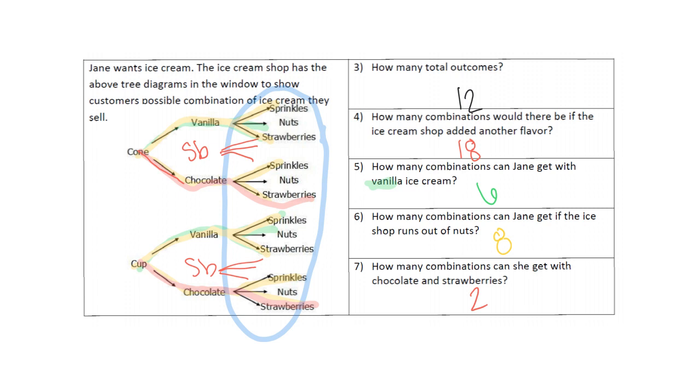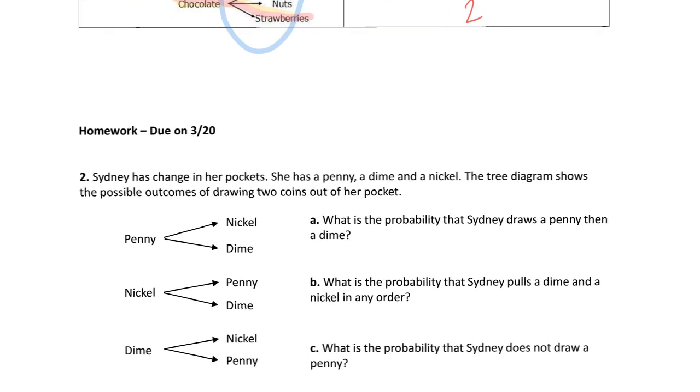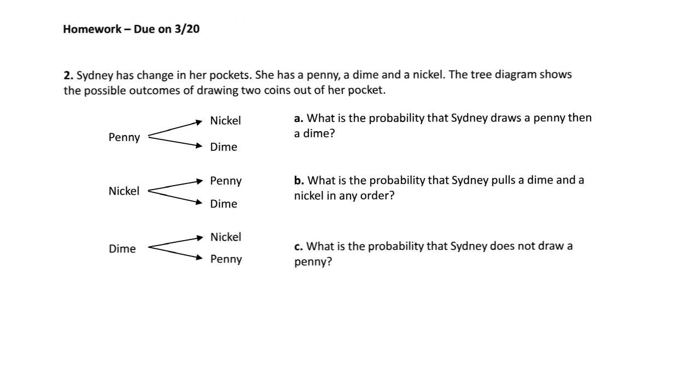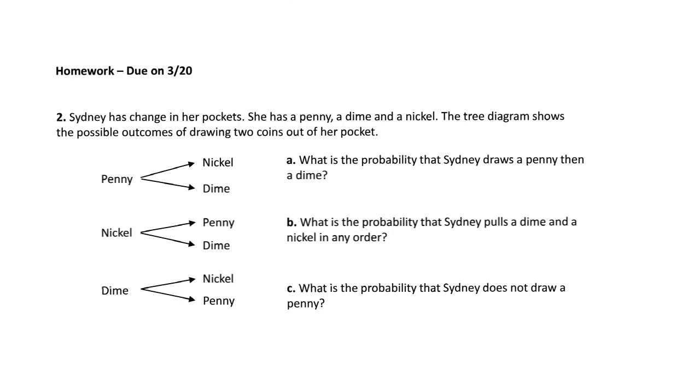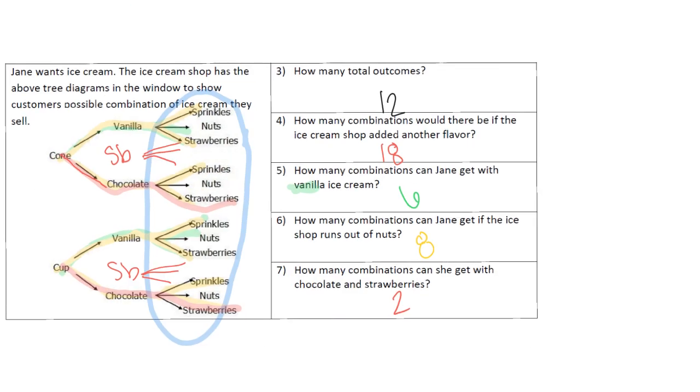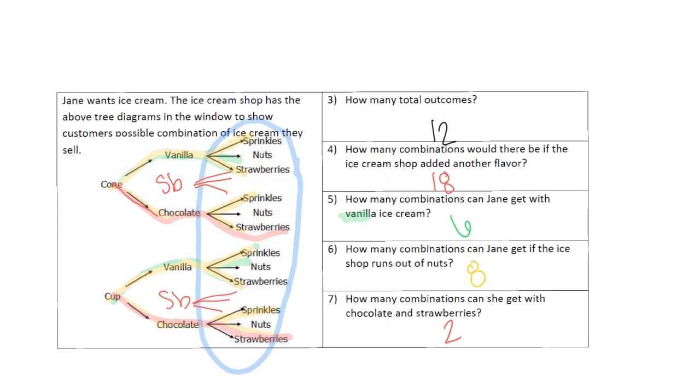Now we're going to take these options or these combinations, and we're going to turn them into probability, and that's what you're going to do in here. So like for homework, if I was looking at this and instead of how many combinations, I said for number 5, what's my probability?